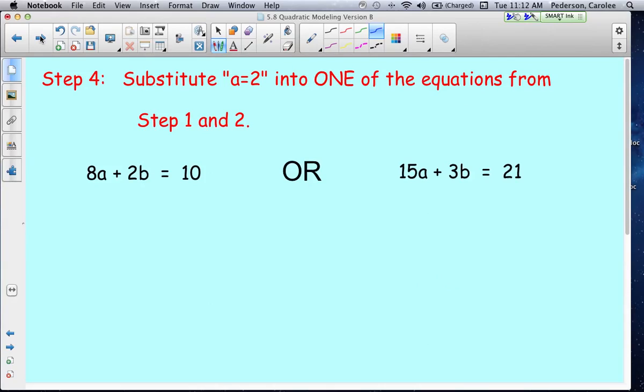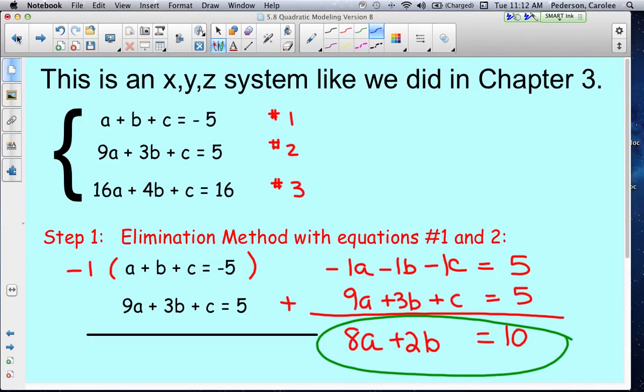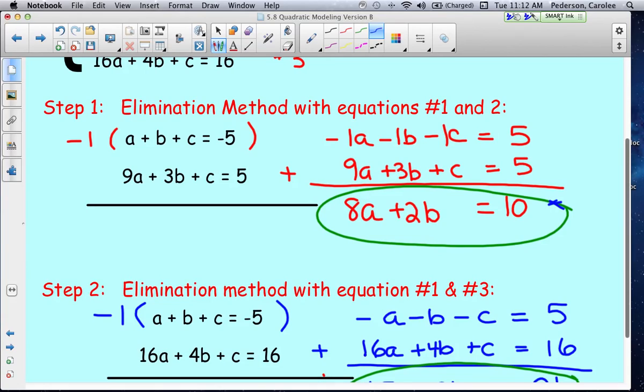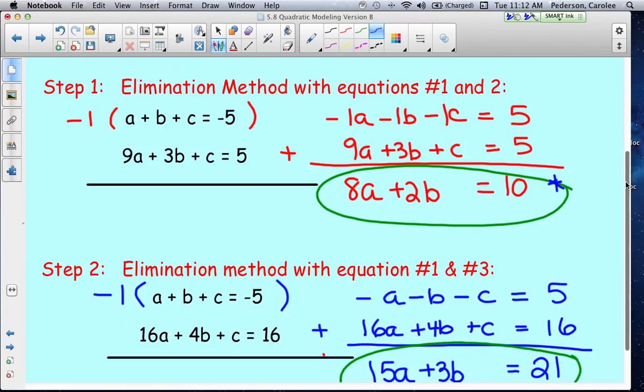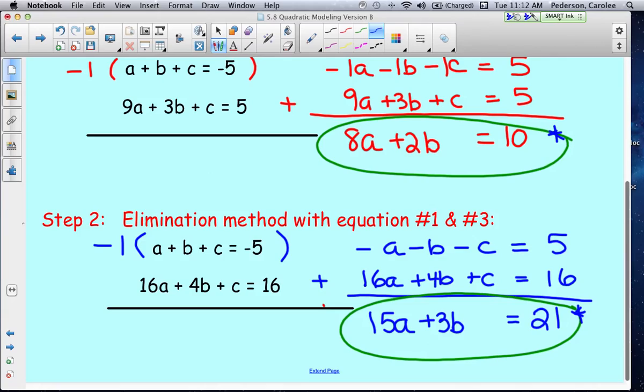Step 4 is to substitute that a value into one of the equations from step 1 and 2. So I'm going to just choose one of these two black equations. If I look back on my slides, here was step 1, when we eliminated the c, and then here is step 2, where we eliminated the c.